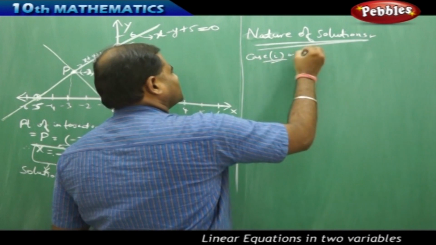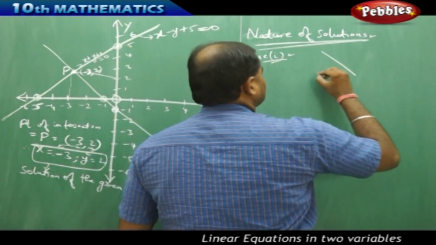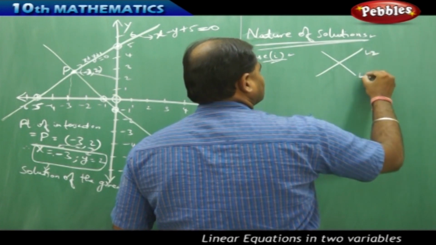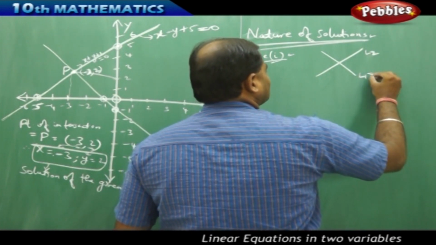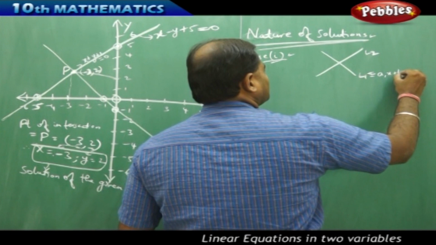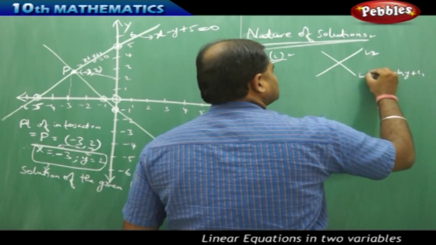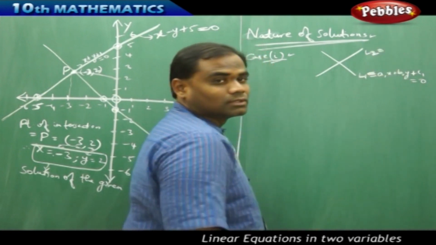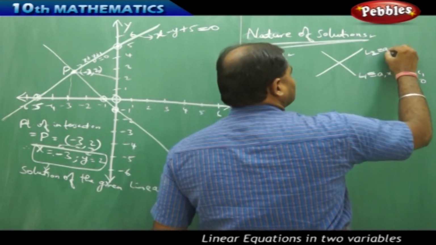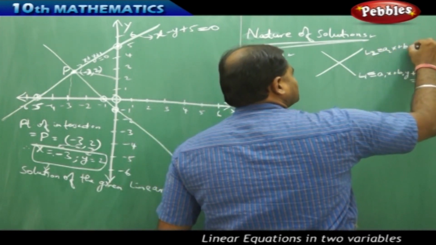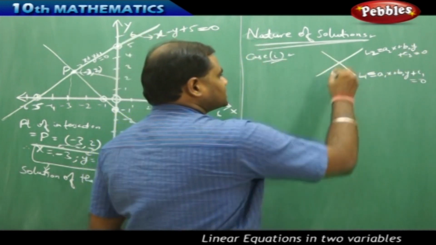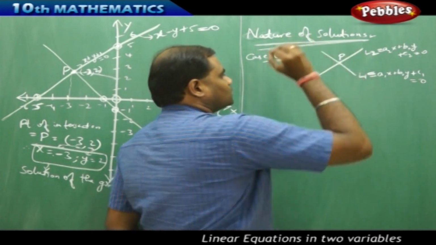Say for example, I have two lines L1 and L2 given by A1x plus B1y plus C1 equal to 0, and L2 with A2x plus B2y plus C2 equal to 0, intersecting at one point.